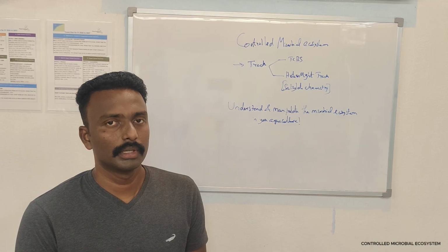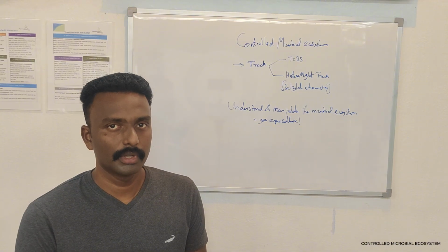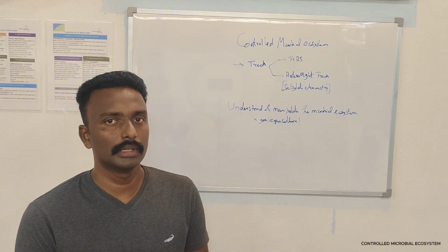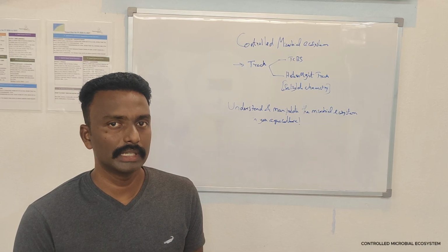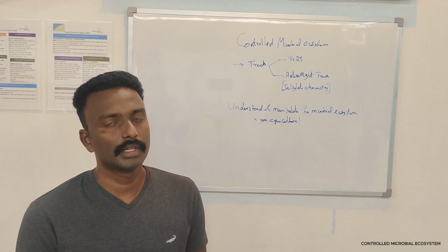So for the first time we empower aquaculturists with the ability to understand what is going on in their aquaculture system, and not only to understand, but to manipulate in a positive way the microbial ecosystem in their aquaculture.